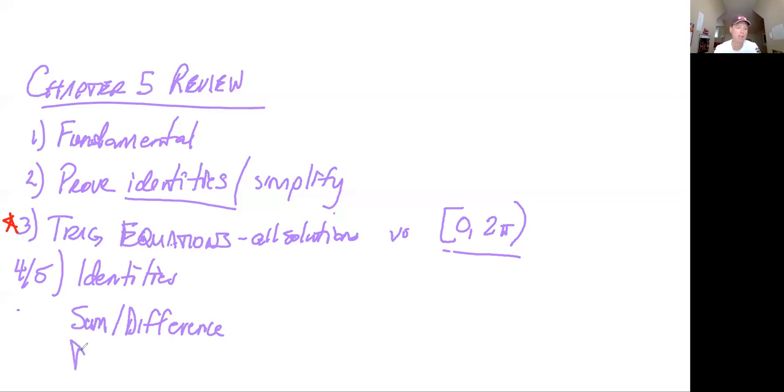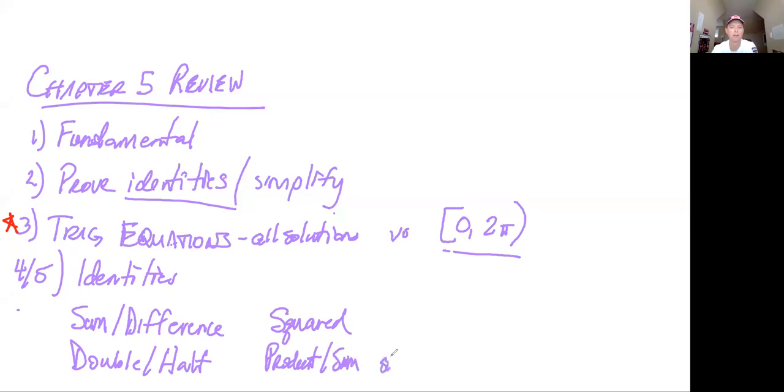Then we have double and half. This is now getting into section 5. We have the squared identities. And we have the product to sum and sum to product.